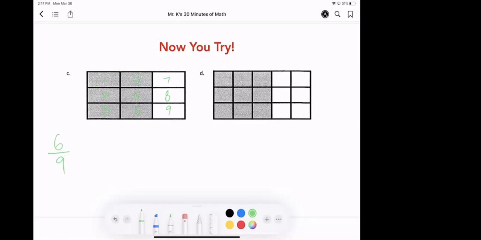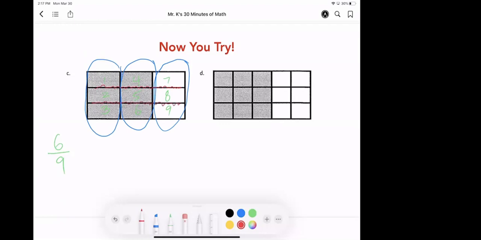But we want to compose our ninths into a larger fractional unit. And I am going to compose this into, I'm going to say maybe thirds, because if you look, we could do 1/3, 2/3, 3/3. Now the way we're going to do that though is we have to get rid of this line and get rid of this line.